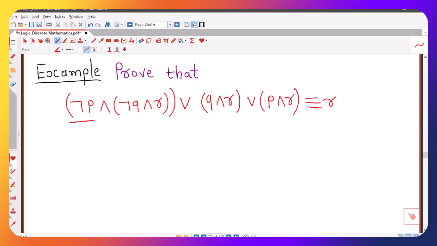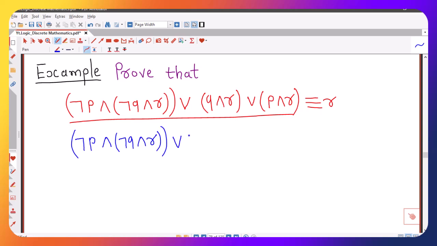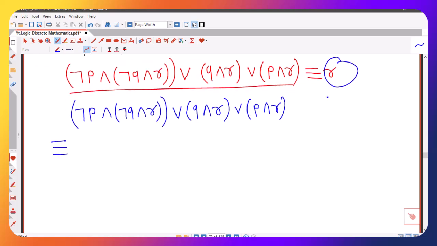Here we prove that this compound proposition is logically equivalent to R. So we start by writing this one, negation P and negation Q and R, this is in the bracket, or Q and R, or P and R. And I will keep in mind that I want to prove that this is logically equivalent to small r.